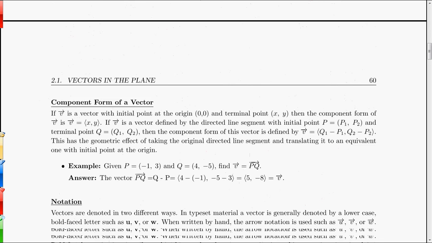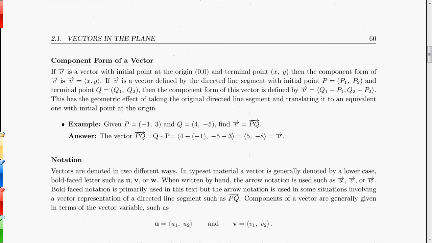Okay, so the component form of a vector looks like this. These are sort of triangular brackets, x, y, right? And you can think of this vector x, y as the vector that starts at 0, 0 and terminates at the point x, y.